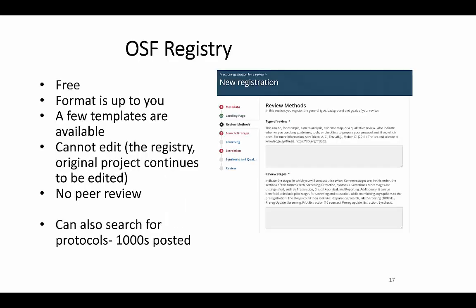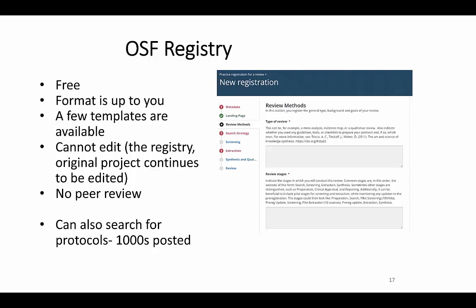The OSF registry, this one is free. This one you can use for any kind of review. The format is really up to you, but there are some templates in there. One thing about it is that once you put it in, you cannot change the protocol. Like you can edit things in Prospero and it just says what was updated.